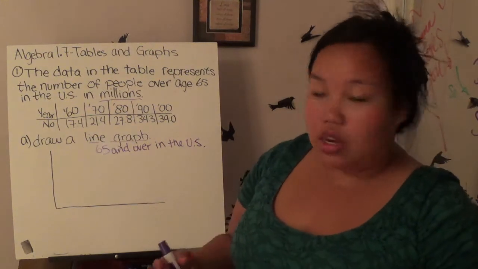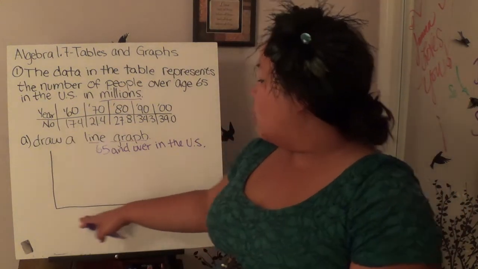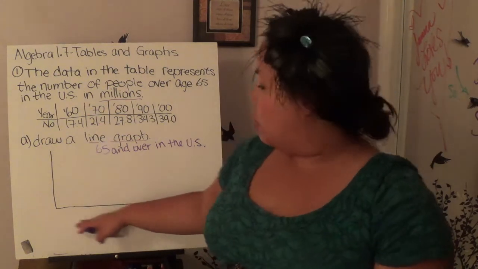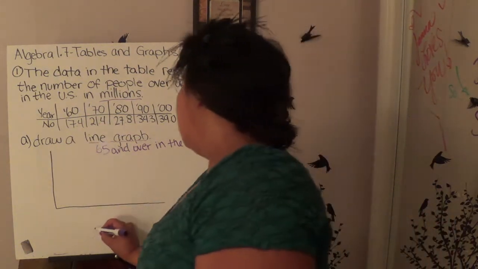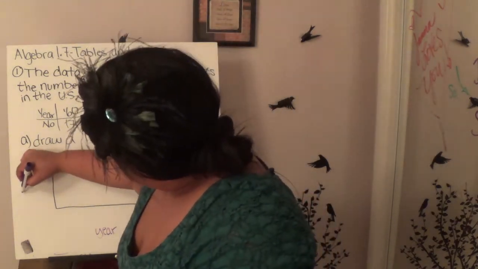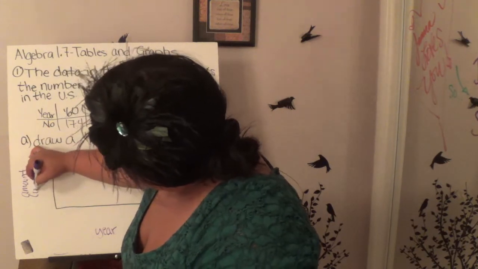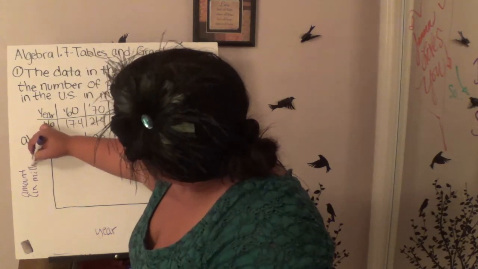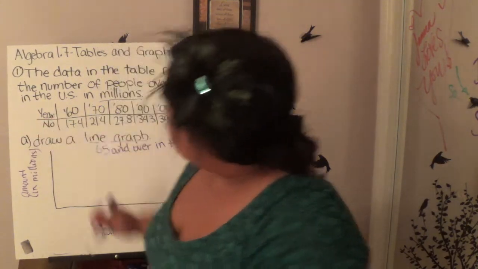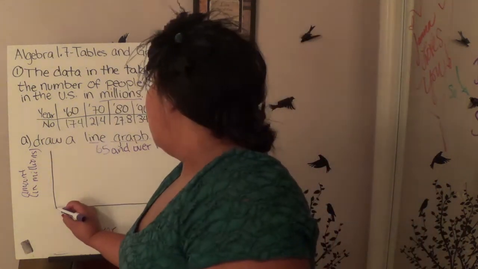It's your input, kind of. And the top is the thing that does change. What I mean is the years never change, so I'm going to put the years down here. I'm going to label this year and label this amount and then put in millions, because we need to understand that it's not just a number, but it's in millions.